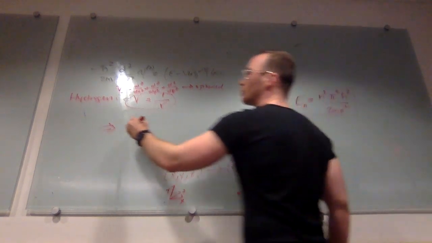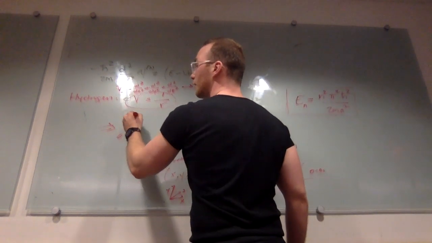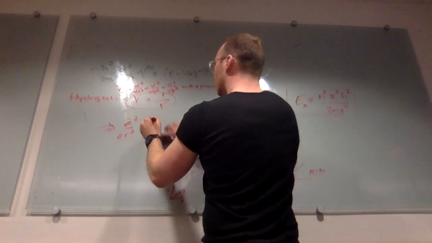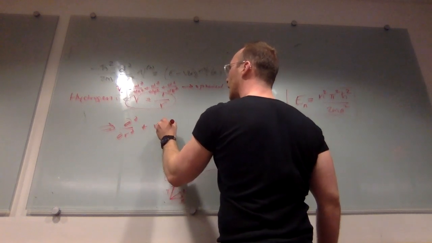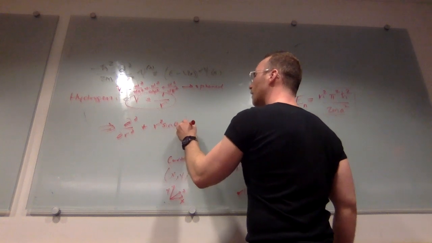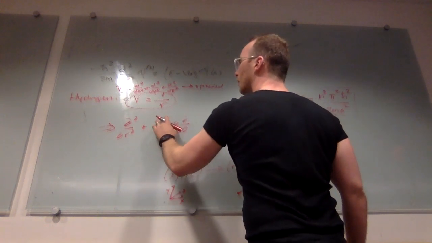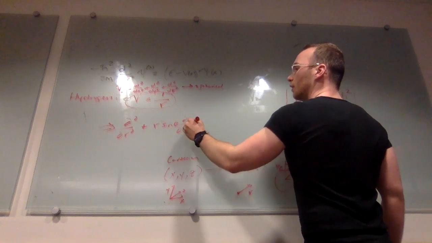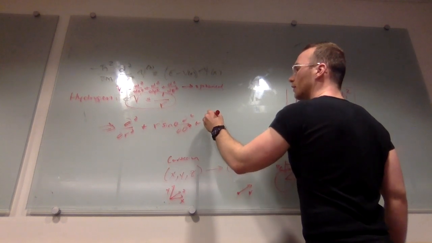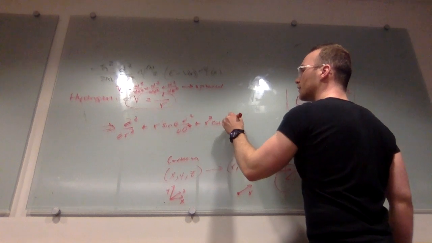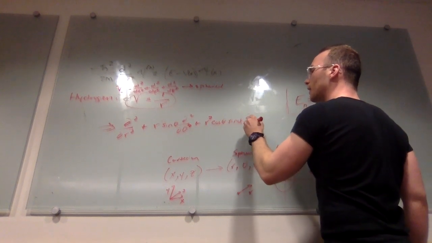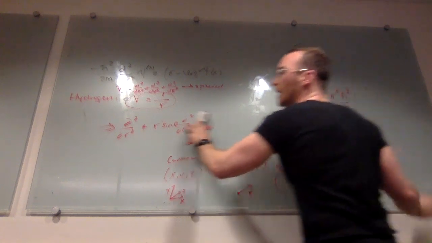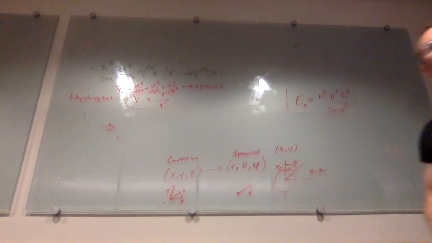Actually, I'll try to write it. It's like this is the first one, and then it's like r squared sine theta d theta. I'm sure I'm getting some of this wrong. I think it's this plus r squared cosine theta sine phi d phi maybe. I don't know. There's no way this is right. I'm not even going to write it. But anyway, it looks kind of like that, but it's horrible.